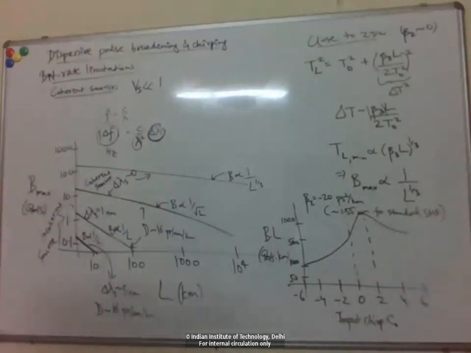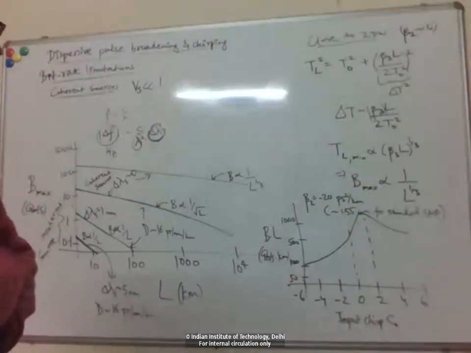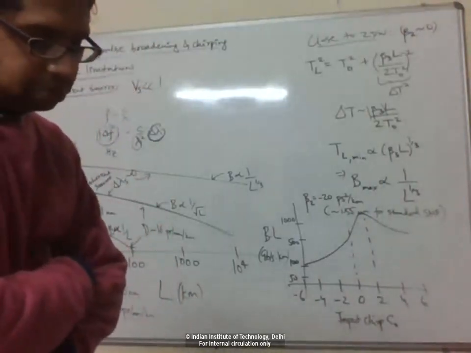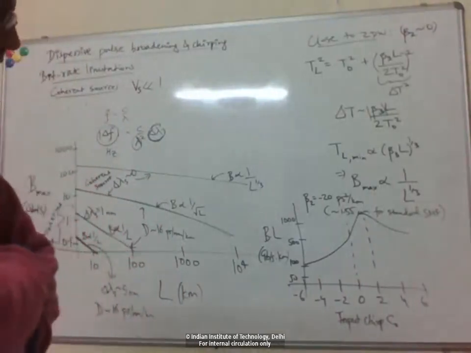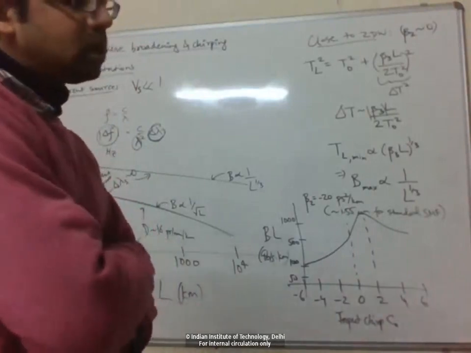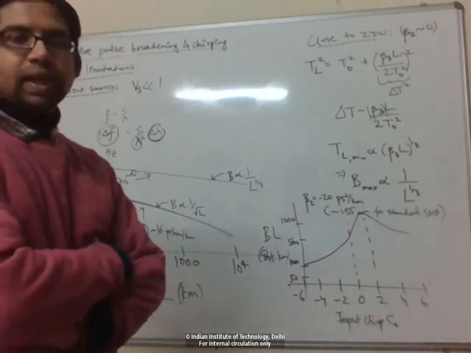Sir, are spectral width and bandwidth both the same thing? I'm still confused. Yeah, this is sort of the same thing. Bandwidth is used across different disciplines of electrical engineering.